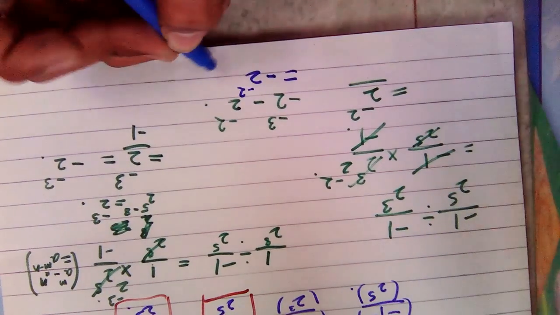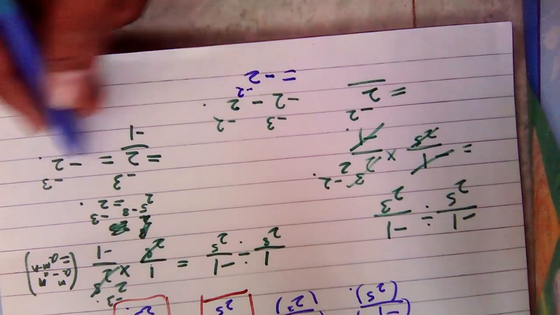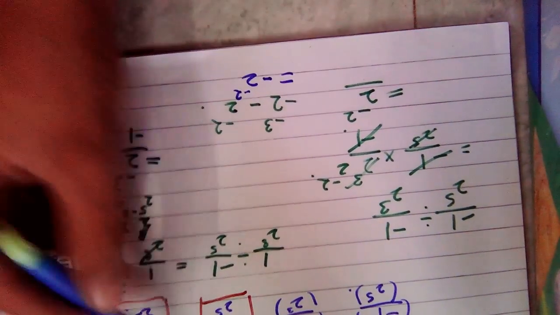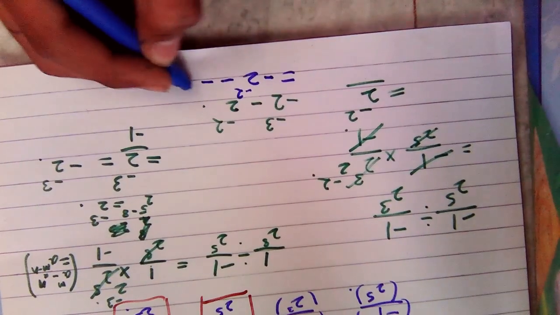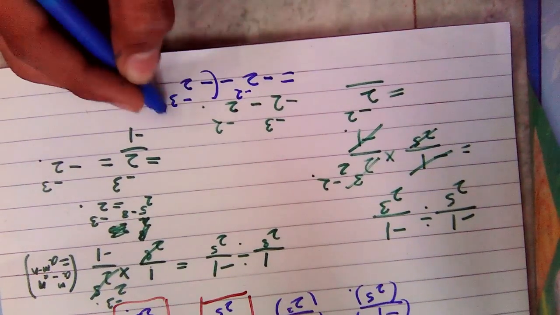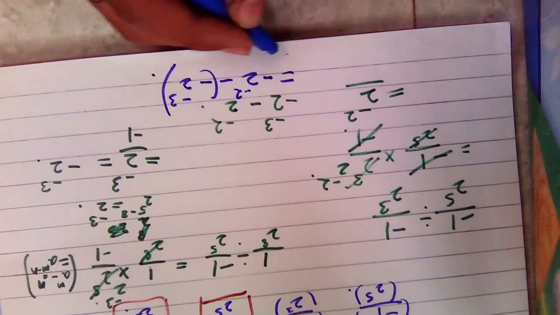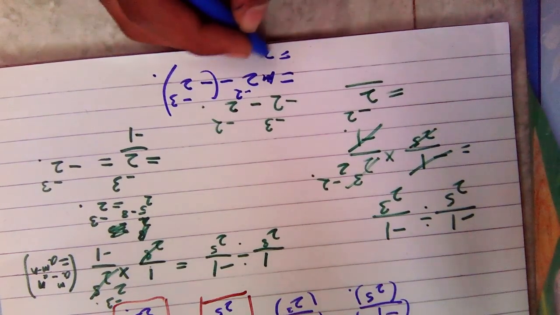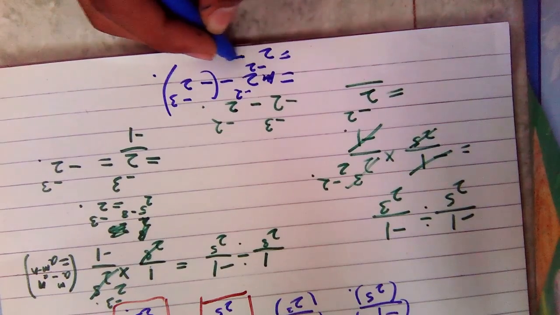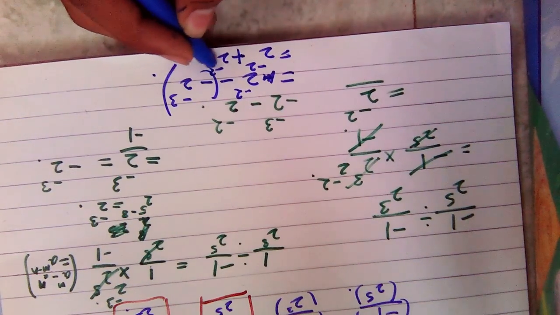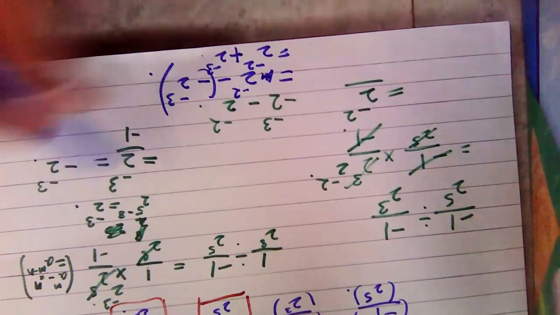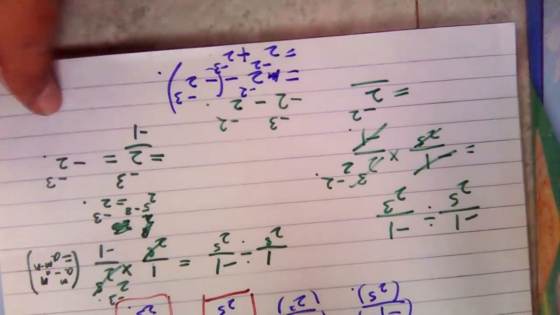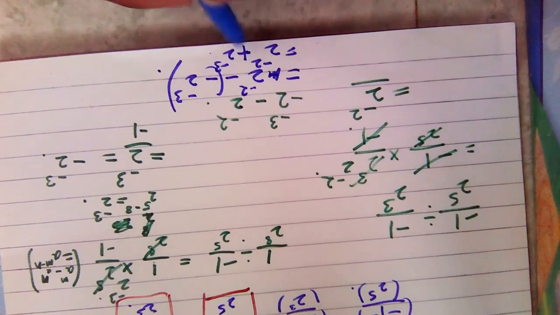Let's just change it to simplified. So minus 2 to the power of 3 minus 3, which will be equal to, sorry, this is 2 to the power of minus 2 plus 2 to the power of minus 3. This is the next step. We have to simplify it as an exact step.